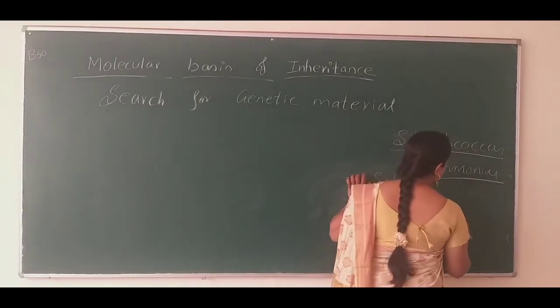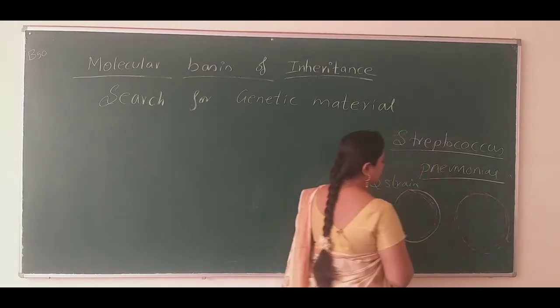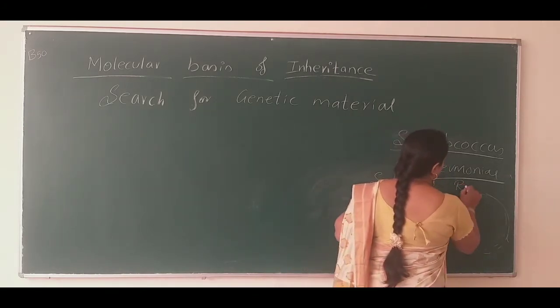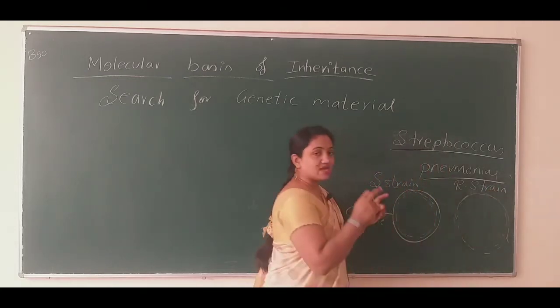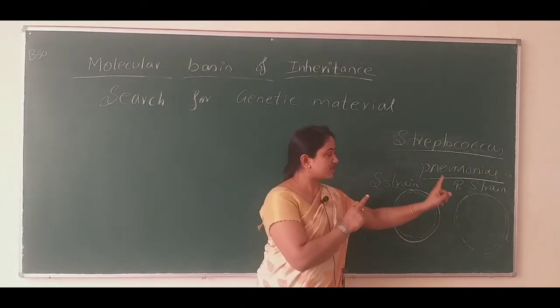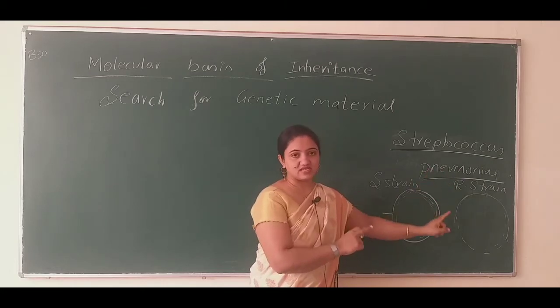If the S strain is not there, what do you call those Streptococcus pneumoniae? Those are known as the R strain because it lacks the capsule.